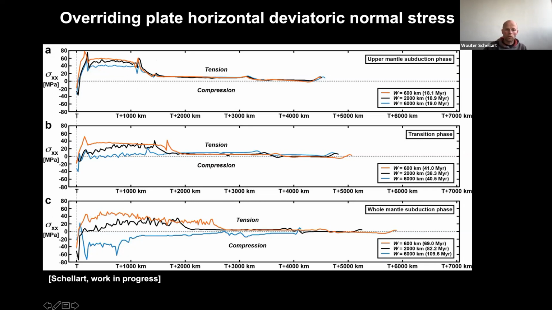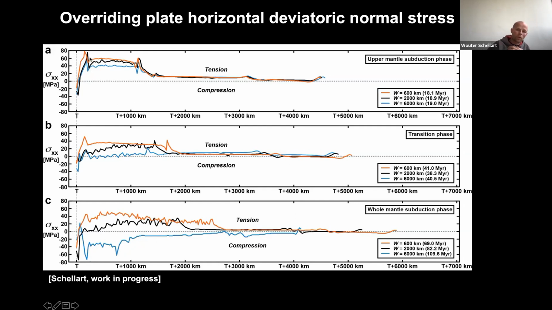We can see still tensional stresses for the narrow slab model, but the wide slab model shows significant overriding plate compression. The stresses here are up to about 70 megapascals of compression compared to approximately 80 megapascals of tensional stresses here in the early subduction phase.